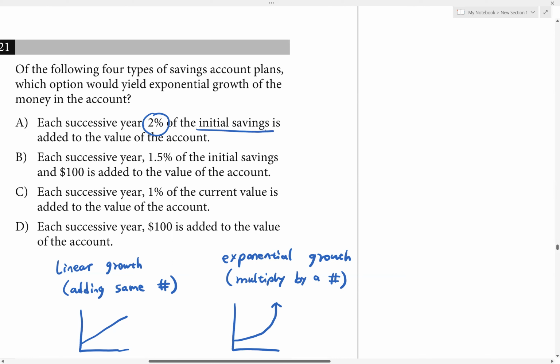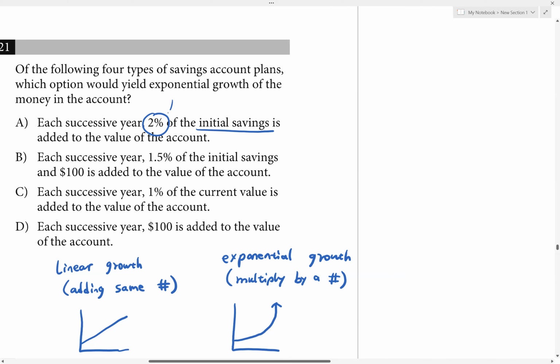It's 2% of the initial saving, and the initial saving, whatever that is, is going to be a fixed number. That's how much money we put into the account at the beginning. So let's say that's $100, then 2% of that will be $2 each time.